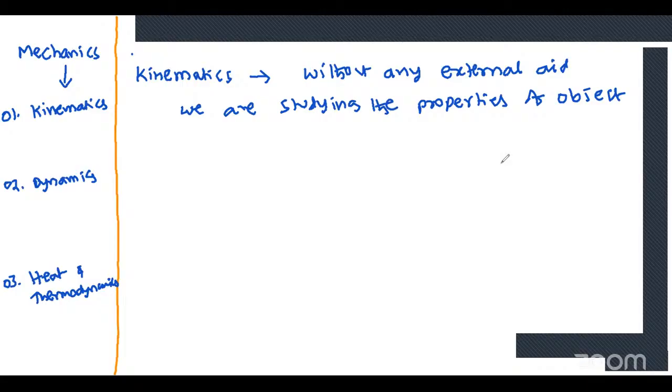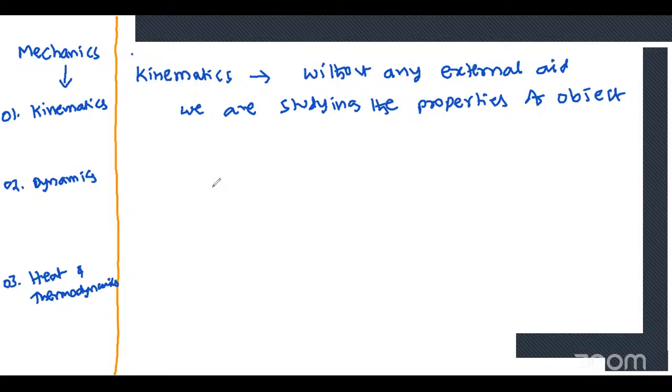Whether the object, how it is in motion, we don't worry, irrespective of how much force is acting on the object, we are going to study the properties.